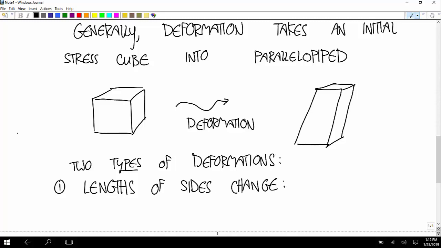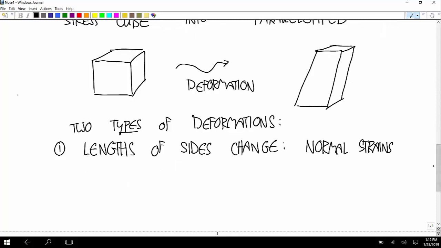Those length changes are what we're going to call the normal strains. And second, the angles change. Let's say angles between faces. Or I guess really it's angles between edges change.